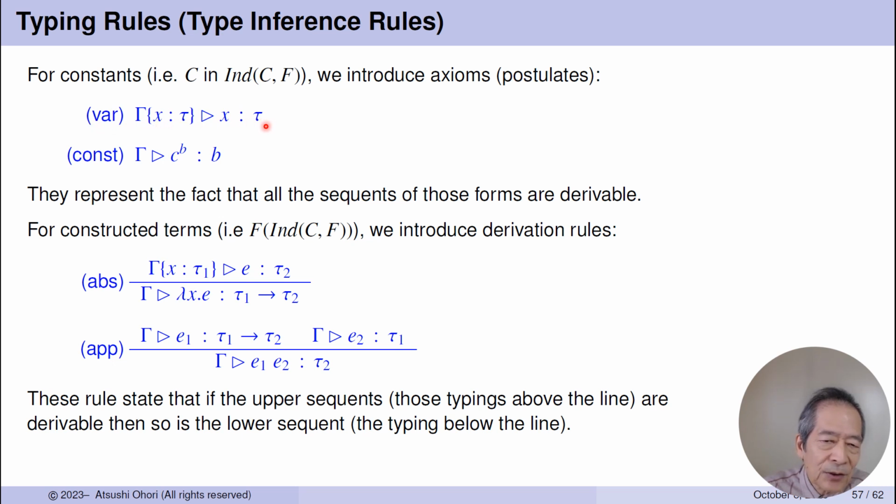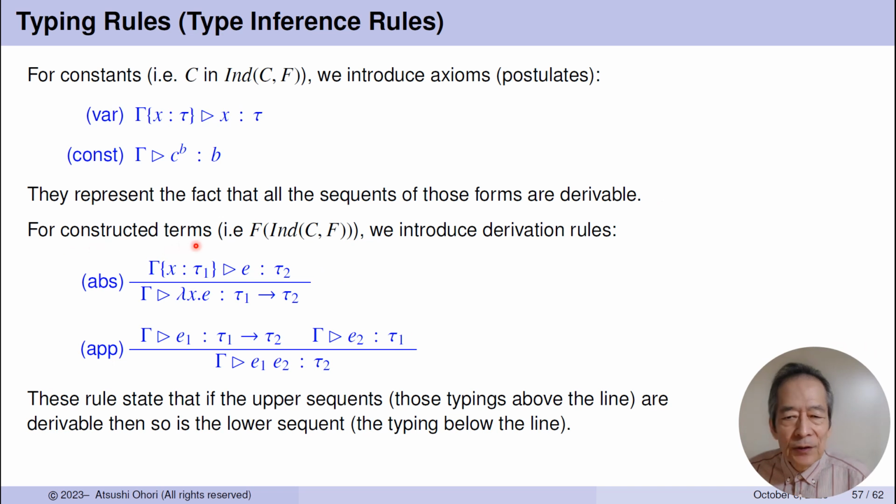This axiom indicates that the set of all typings matching this template are derivable typings, same as the constant axiom, right? So this group of axiom rules represents the fact that all the sequents of those forms are derivable.